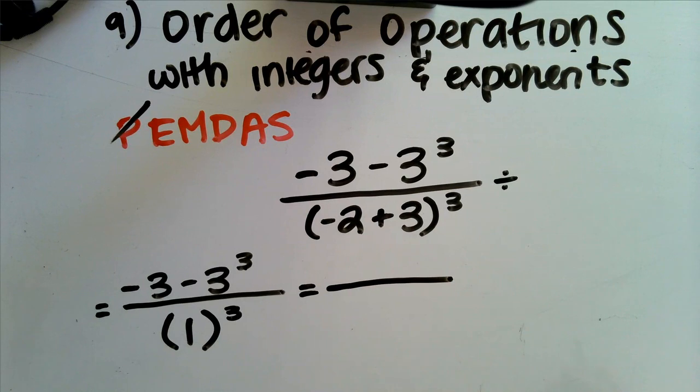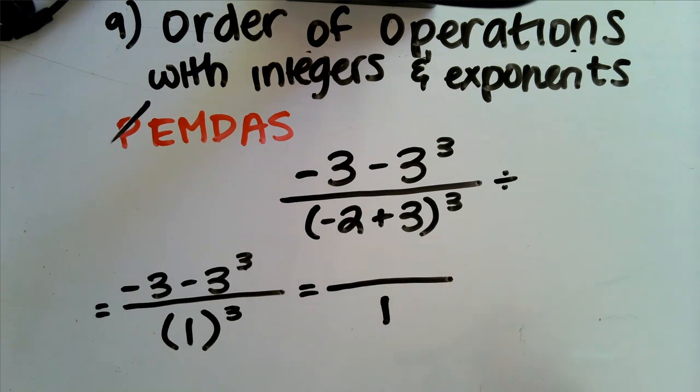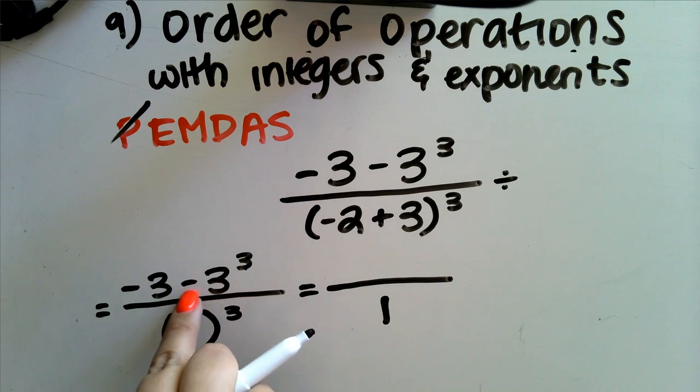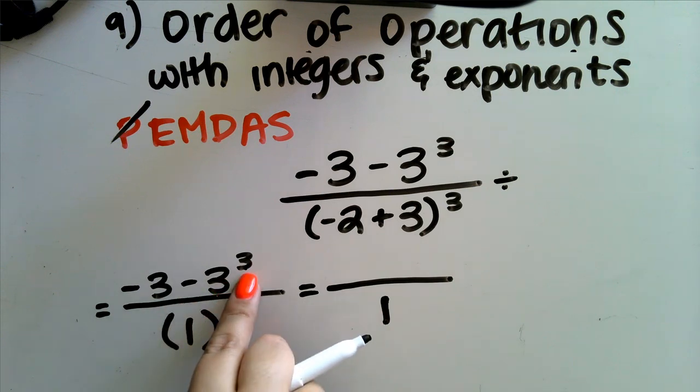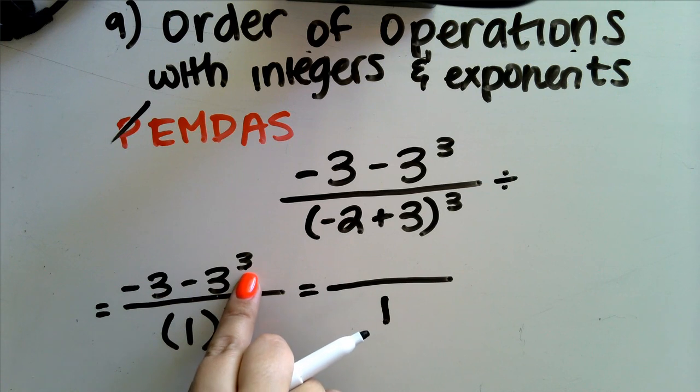I like to draw our fraction sign because it just makes my life easier. Let's talk about our denominator first. 1 to the third power. Pretty easy. 1 times 1 times 1 is just 1. So I know whatever's in my numerator is going to be our result. Now let's talk about this negative 3 minus 3 to the third power.